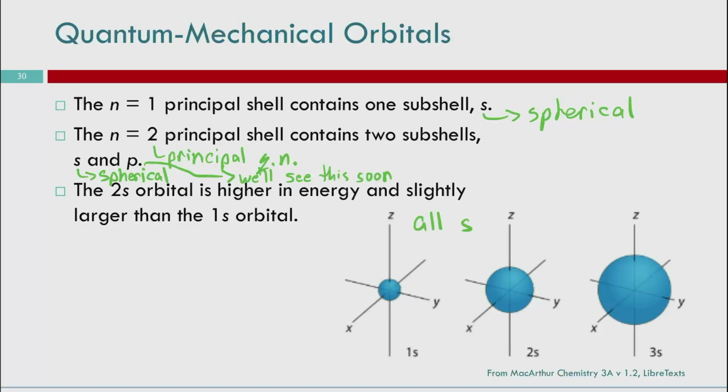So all of our s subshells are spherical, and the n determines the size. You can sort of think of them as Matryoshka dolls, the little Russian nesting dolls.